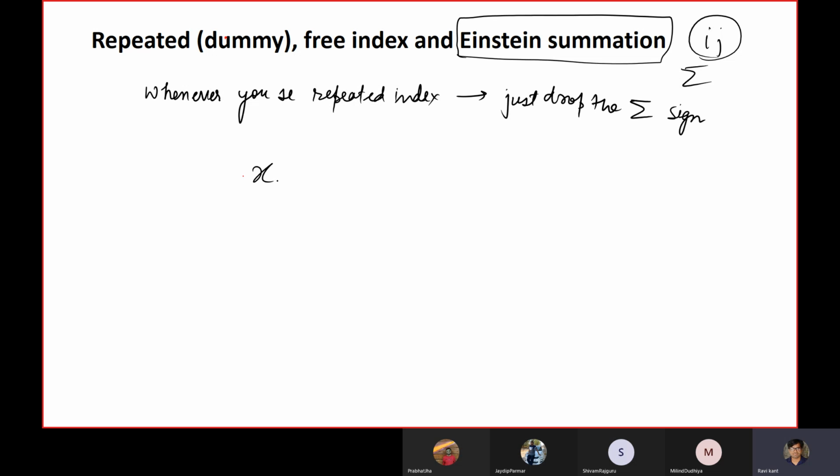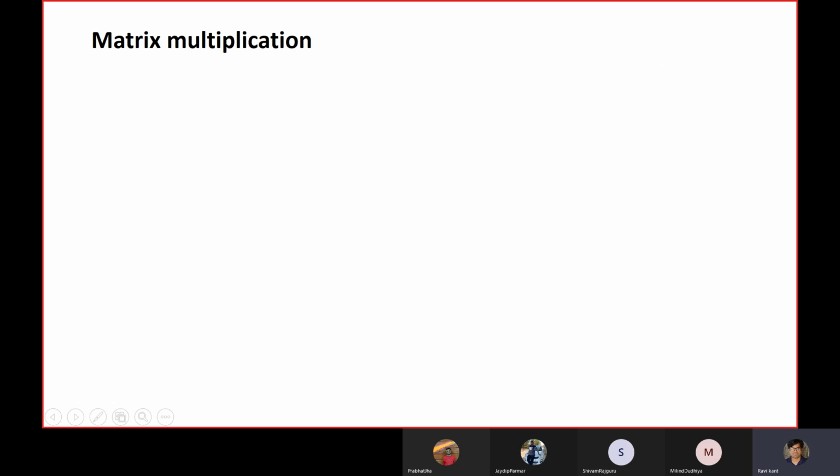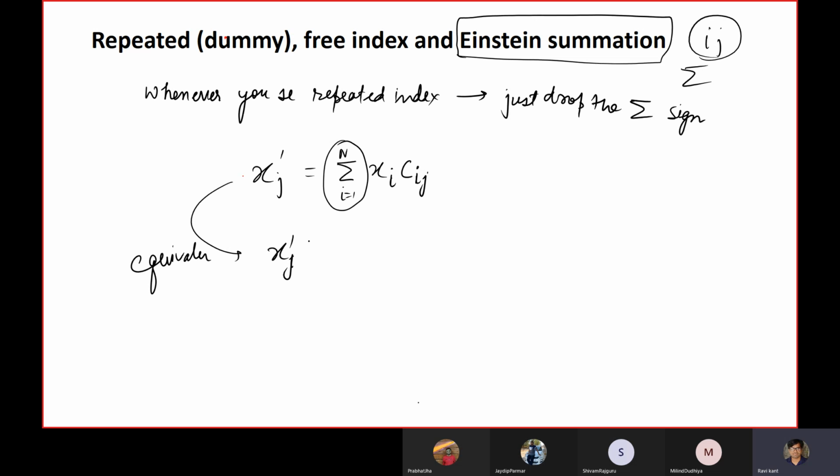So essentially xj dash, the rotated component, is nothing but the sum over i equal to 1 to n, or some dimension, of x i c i j. Okay, so when the summation is dropped, this statement is equivalent to the expression xj dash is equal to x i c i j.